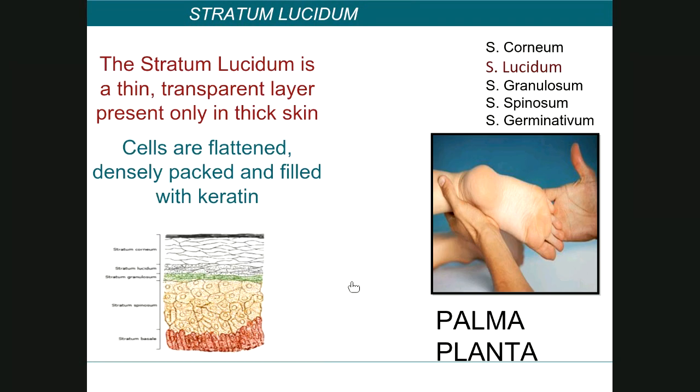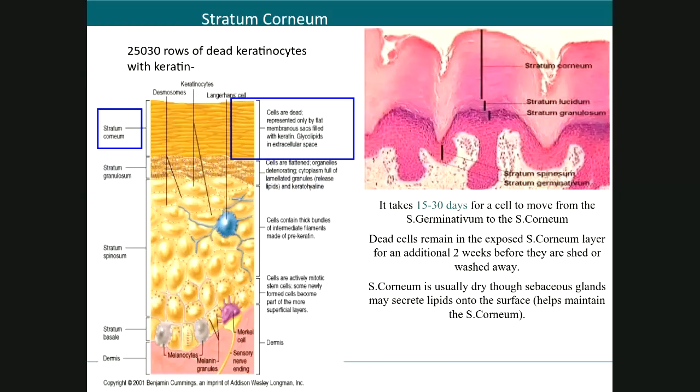So we talked about how the stratum lucidum is only located in the soles of our feet and our palms. It's transparent, only present in thick skin. And then the top layer, which you can see in this image, is the stratum corneum.